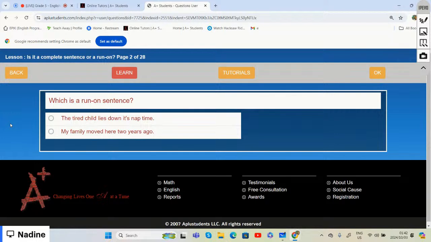So option one or option two? If we were to select the run on sentence, we will say, the tired child lies down.